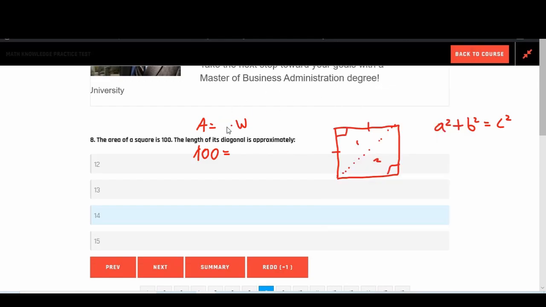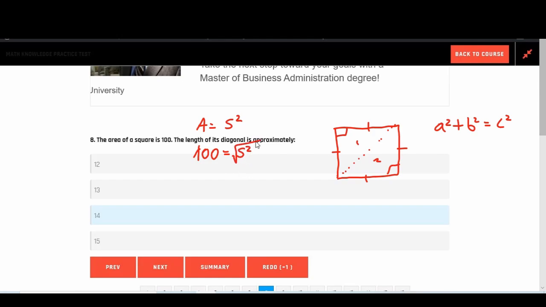Let me erase that. Area of a square is just s squared. You take one side squared because all the sides in a square are equal. So area equals s squared. That's for a square. So we know 100 equals s squared.